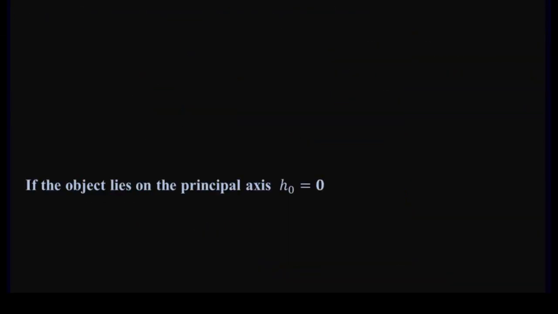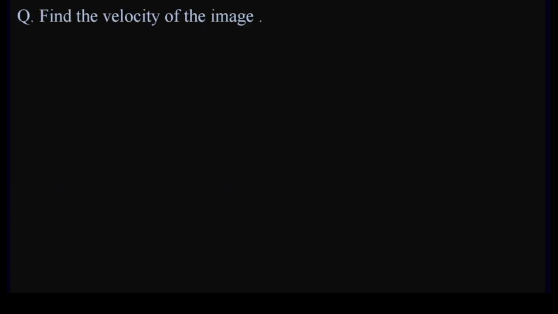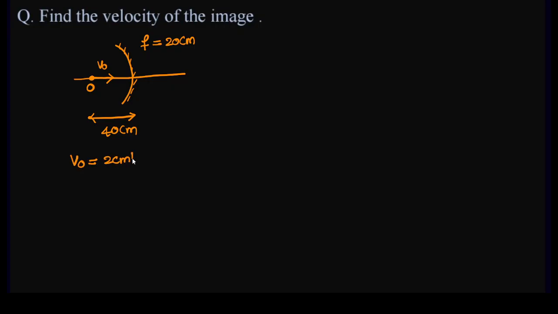Now let's see some problems. V naught is given as 2 centimeters per second.